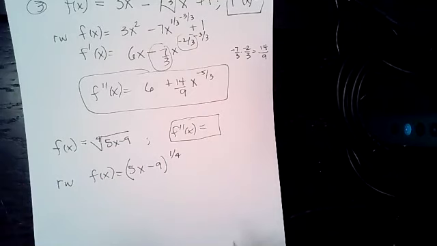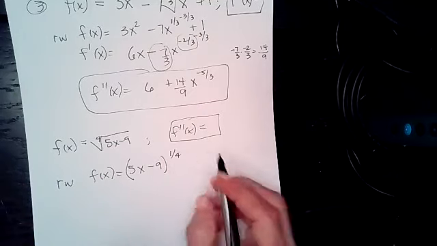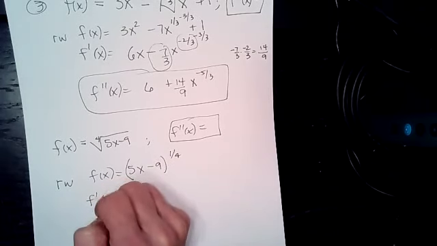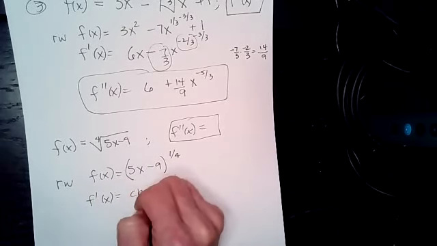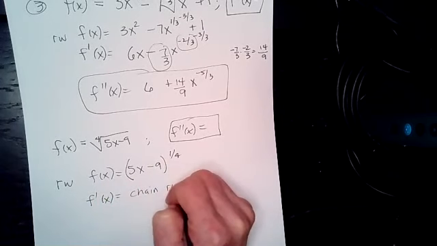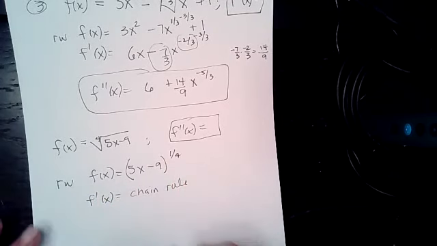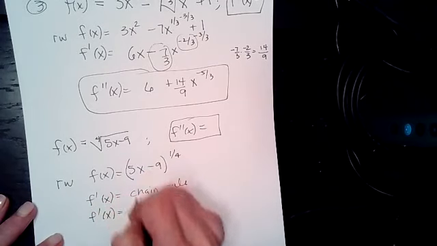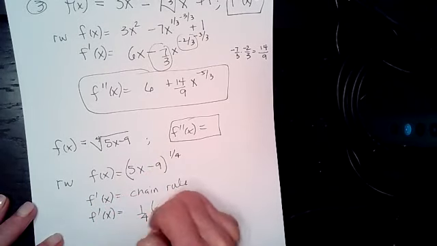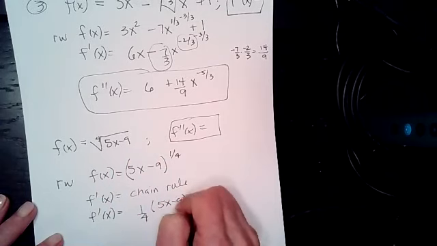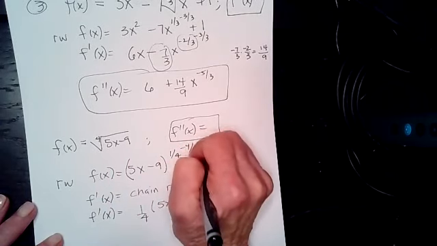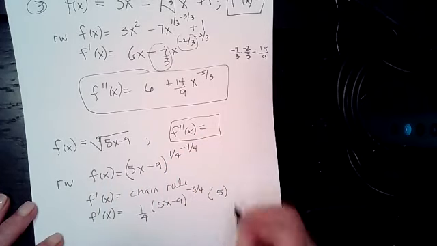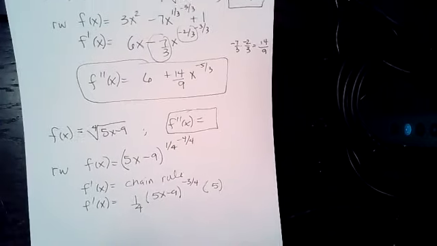When I find the derivative, I have a quantity to a power, so f prime of x is the chain rule, and we remember that from test 2. So f prime of x is 1/4 times the inside minus 1 times the derivative of the inside. And that's usually how we leave it.